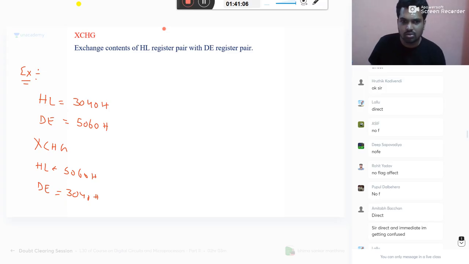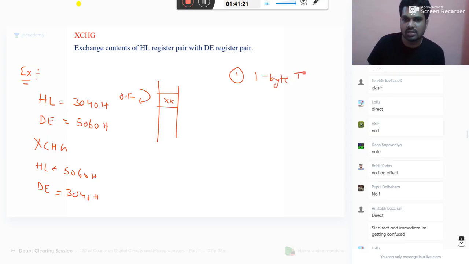Wait. So here you can see, exchange needs only opcode fetch. It is a one-byte instruction. No variations in this. No data is there.